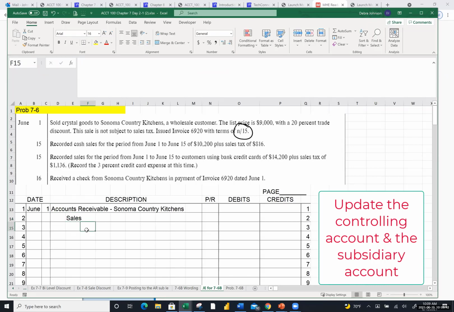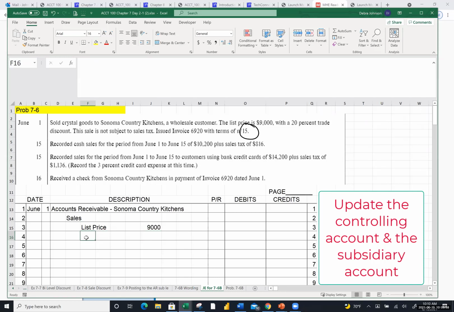Now I'm going to come down here to the description to compute how much I should list as that amount. The list price is not what they're paying. The list price is $9,000. And because these people deal with high volume, there's going to be a 20% trade discount.